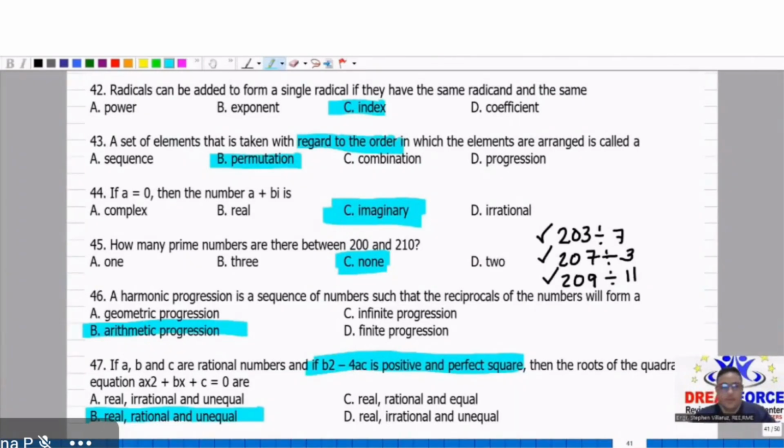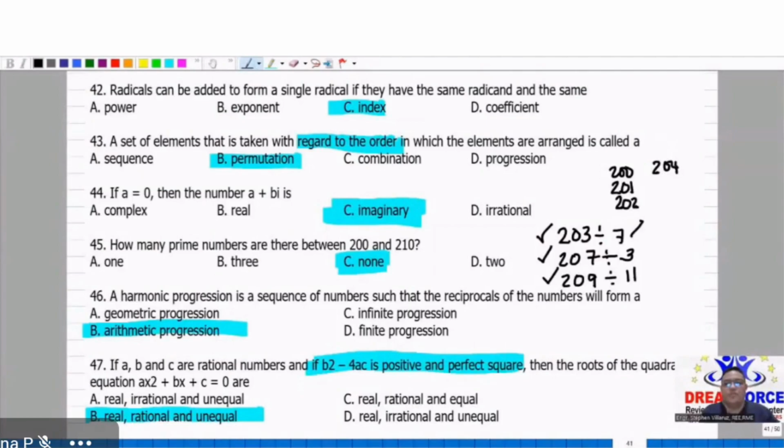Okay? Next, number 44, cat. Imaginary. Next, number 45, cat. None. Take note po, 200 is a composite number. 202 is an even number. Lahat po except 2 is composite. We have 203 divisible by 7.